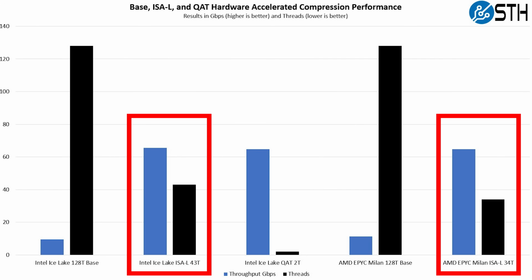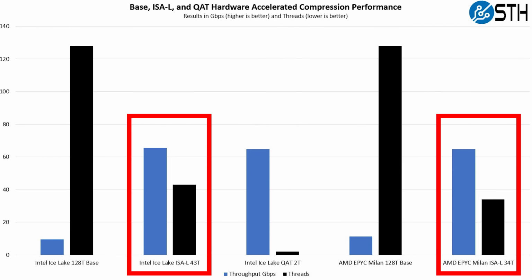Now, when we layer on the ISA-L acceleration, we got a lot more performance. We had to pick 65 gigabits per second just to normalize, because as you'll see, the hardware acceleration numbers would have issues at 128 cores, since that'd be way too much data to push through here. But I'm going to show you that at 65 gigabits per second, whether it's the AMD EPYC or the Intel Xeon, either one is going to give you somewhere in the 30 to 40 cores range.